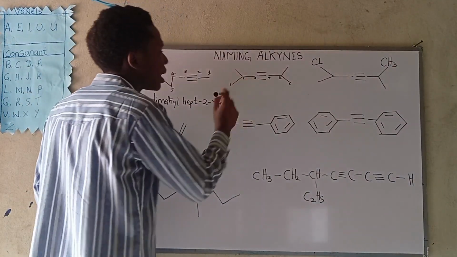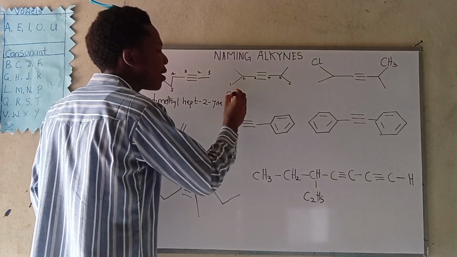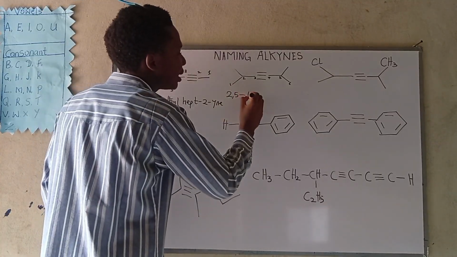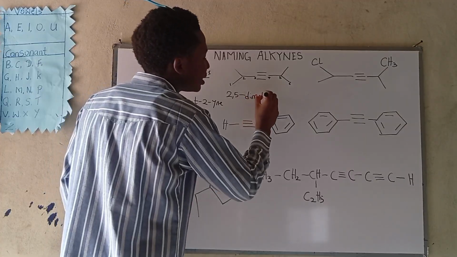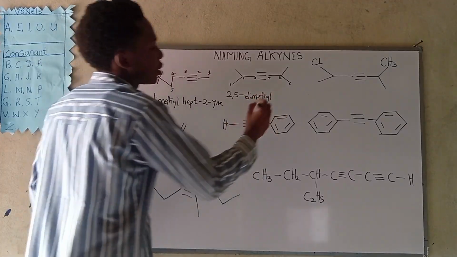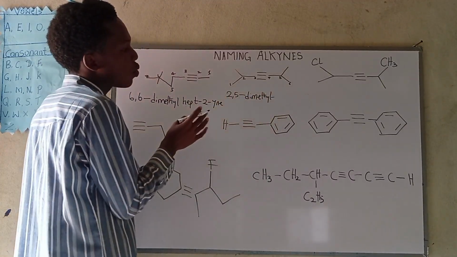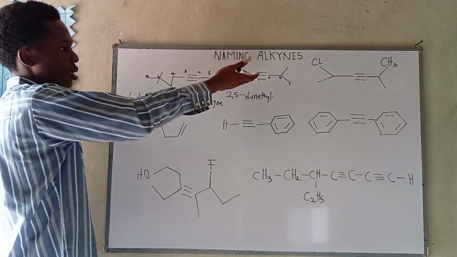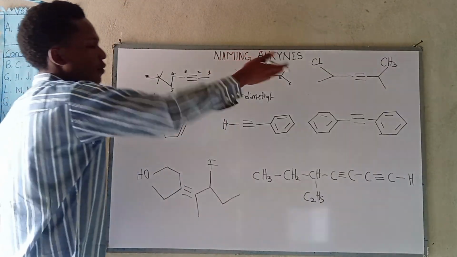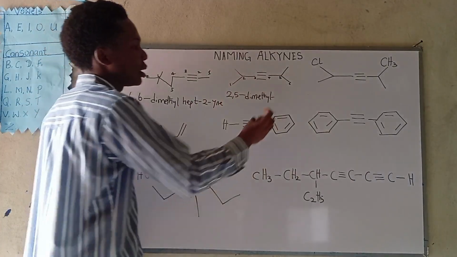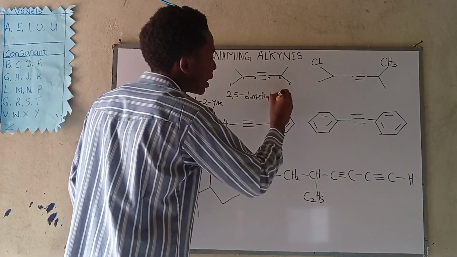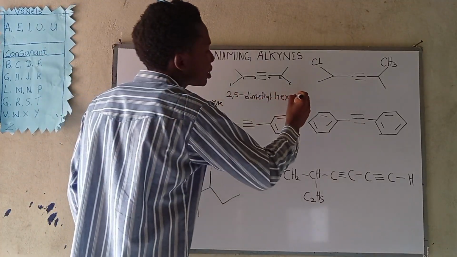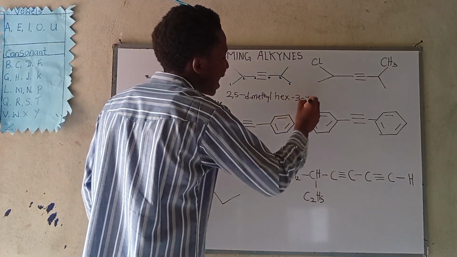This compound will now be called 2,5-dimethyl. Now we have to look at the total of the carbons. There are obviously 6. Dimethylhex. The position of the triple bond is now 3. And it's 3-yne.